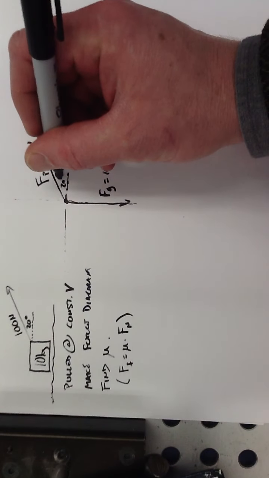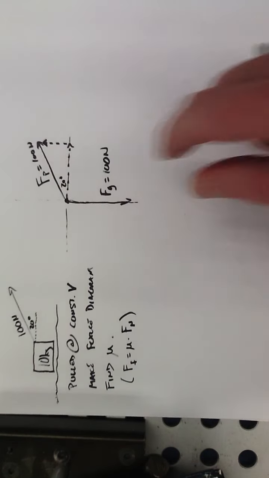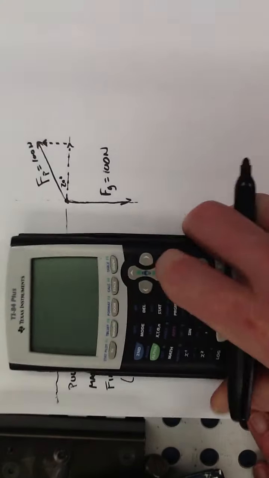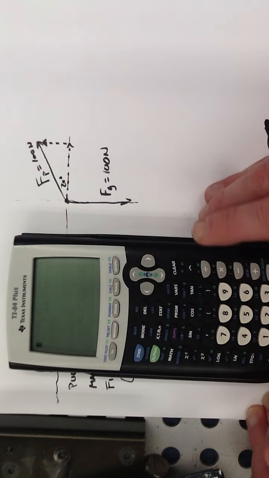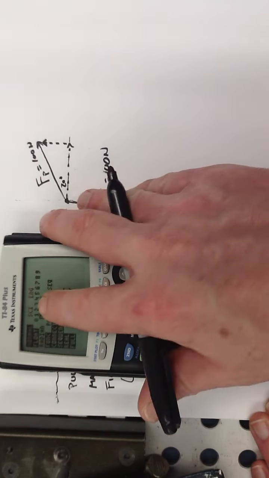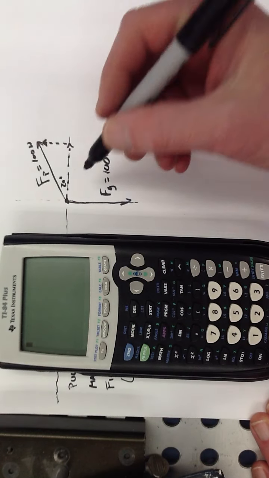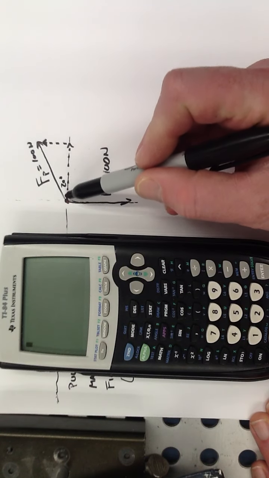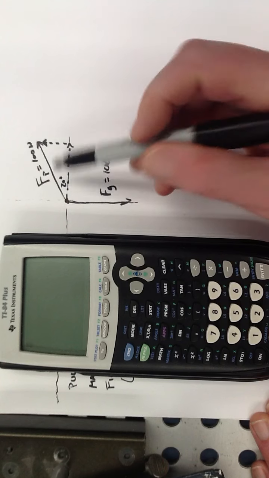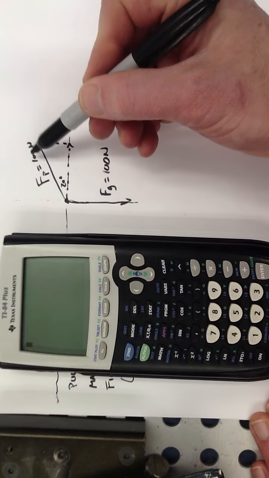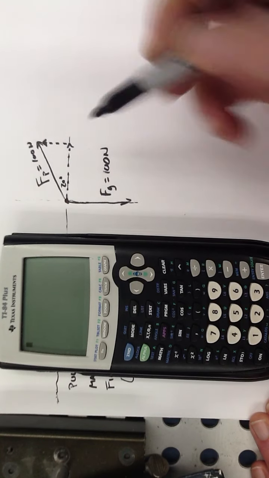This is a 20-degree angle. I'm going to go ahead and right now grab my calculator and make sure that I'm in degree mode, and then I'm going to find the two components of this. This side right here is adjacent to the 20-degree angle. So to find that, I need to do 100 times the cosine of 20.